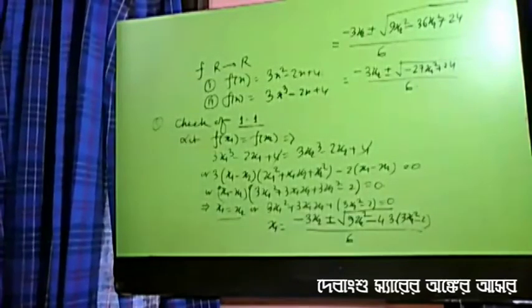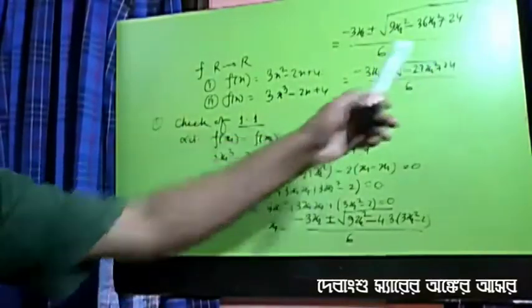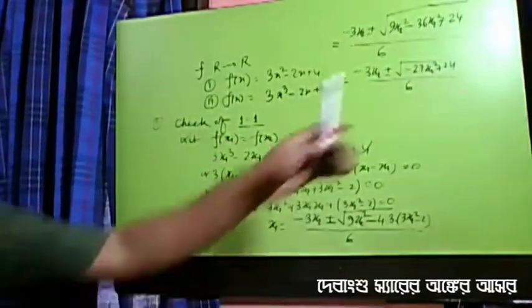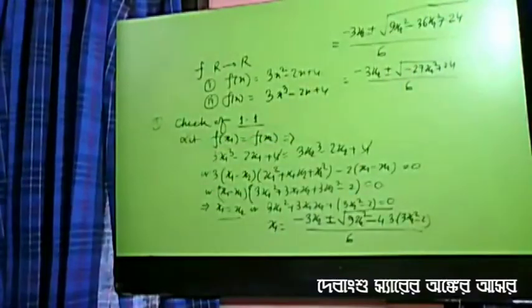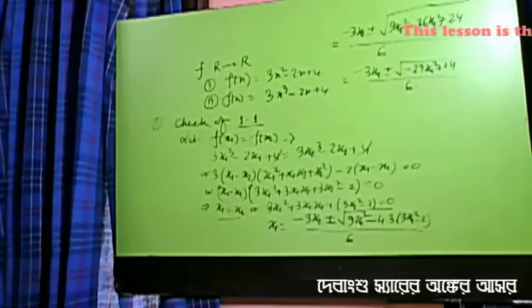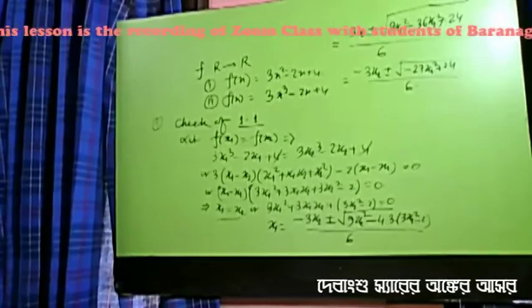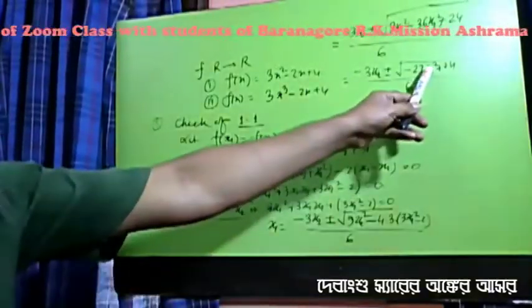By 6. Now you see that this expression, minus 27 x2 square plus 24, can be positive.